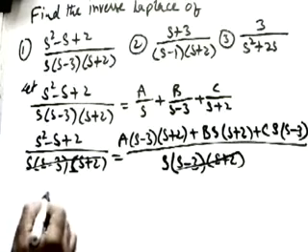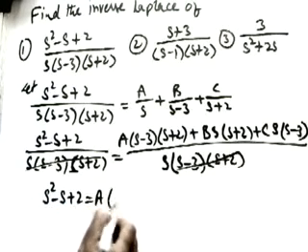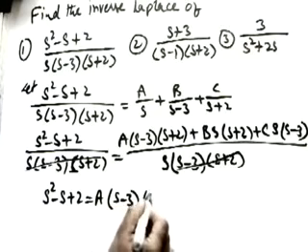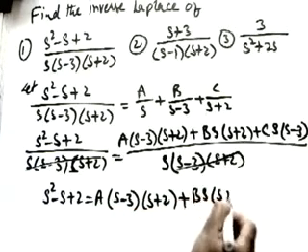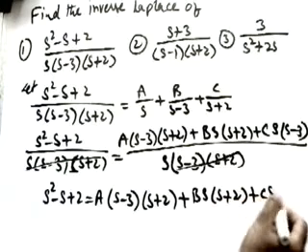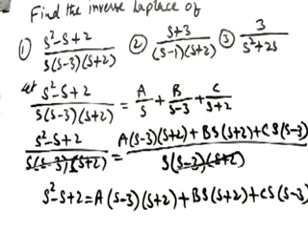Now cancel the denominator on both sides. What is left here? s square minus s plus 2 equals A into s minus 3 into s plus 2 plus Bs into s plus 2 plus Cs into s minus 3.